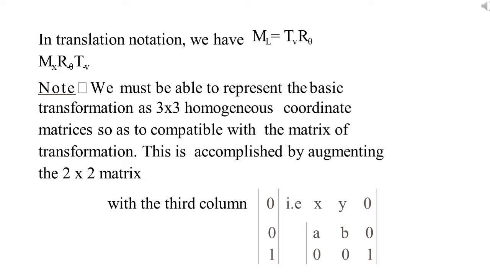Step 2: the object is translated so that its center coincides with the origin, figure B. Step 3: the scaling of the object, keeping it at the origin, is done in the last figure C, and then the translation is done again. The second translation is called the reverse translation, and it positions the object back at its original place.